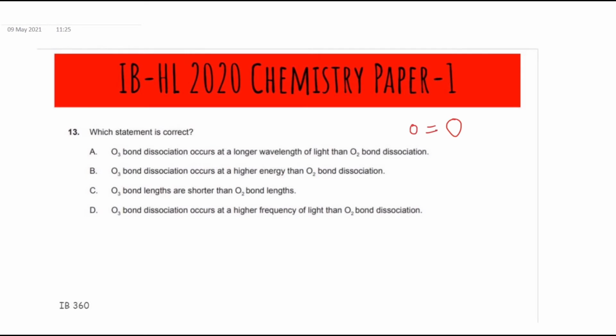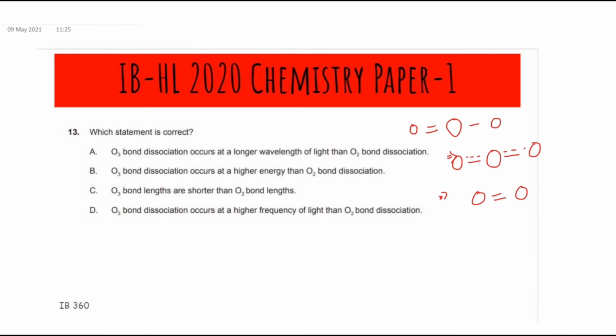O3 is basically this structure. Mainly the structure is something like this, while O2 just has a double bond between the oxygens. But the bond between O and O in O3 is not exactly a double bond. It is somewhere between a single and a double bond. It's a hybrid bond. As double bonds are stronger than single bonds, obviously the bonds in O3 are weaker than those of O2.